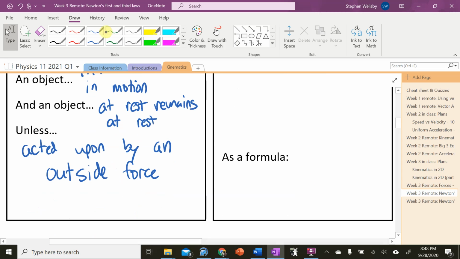This law is often referred to as the law of inertia. It basically says things that are moving are going to keep on moving unless something from outside applies a force to stop it or to change its motion.